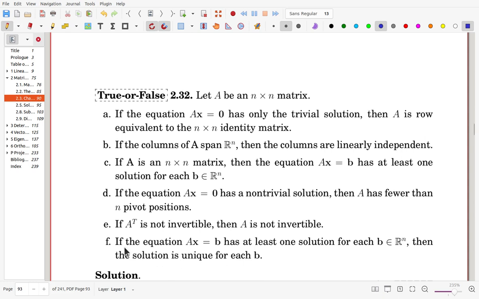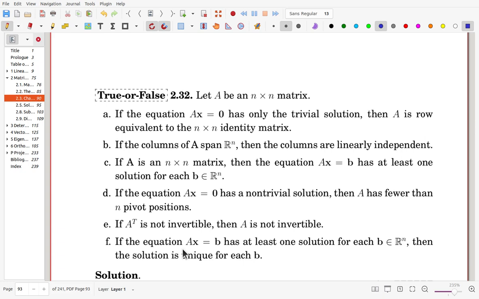At least one solution for every choice of b means that the columns of A span Rn, and that each row has a pivot position.